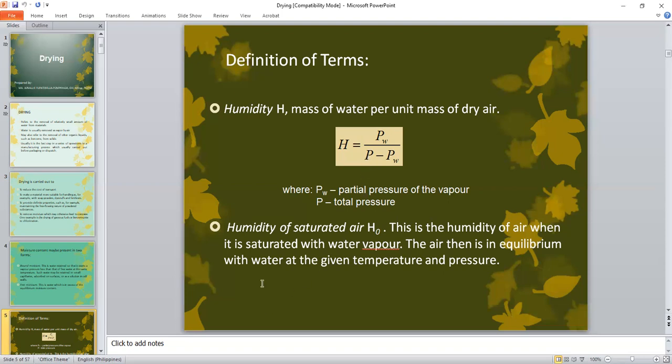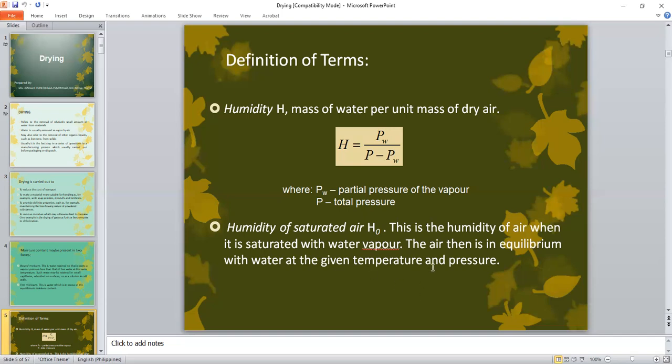Now, we also have humidity of saturated air, and this time it has a subscript of O. So it's capital H with the subscript O, and this is the humidity of air when it is saturated with water vapor. So it contains the maximum amount of water vapor that it can contain in that particular condition.